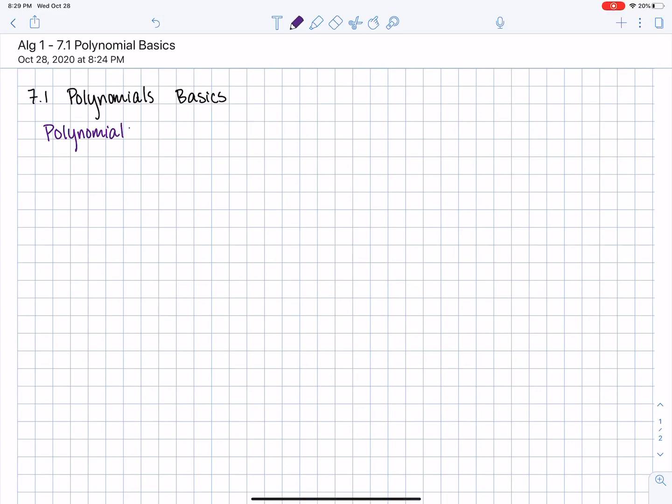You might have seen it in 8th grade. I think we might have even used it earlier in this class. So this definition is going to be for Algebra 1.